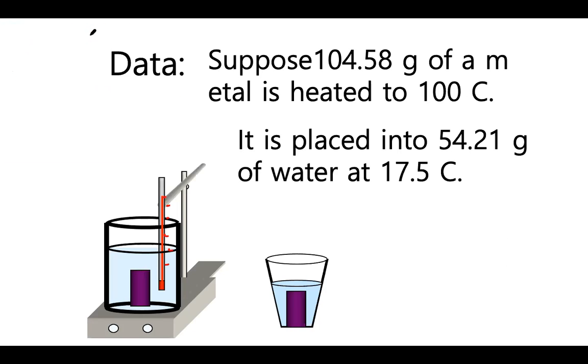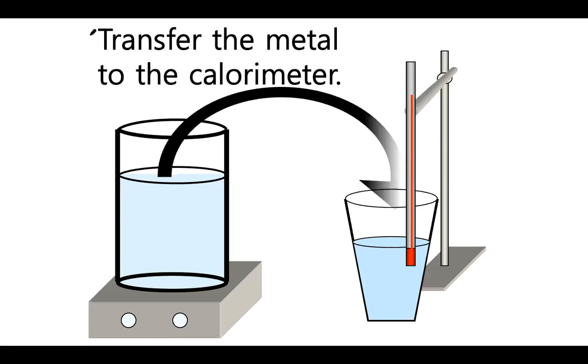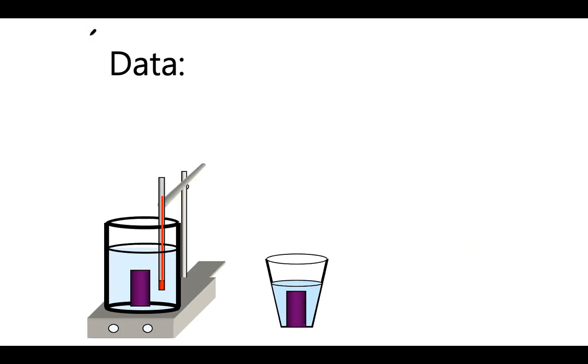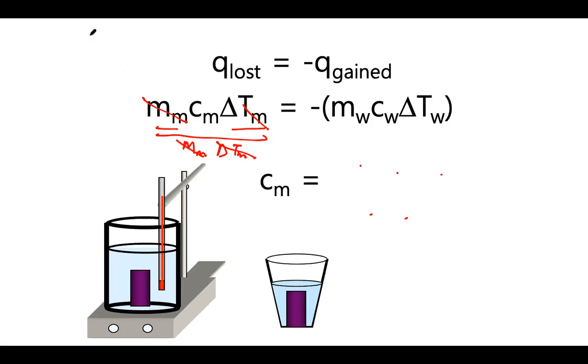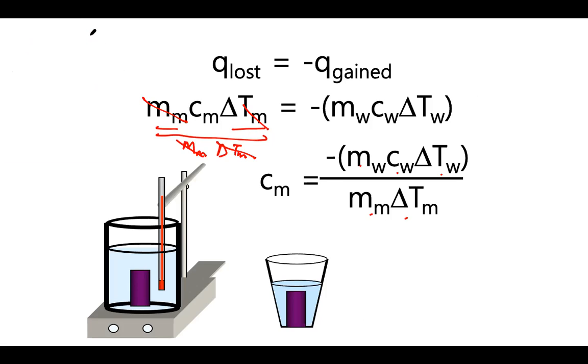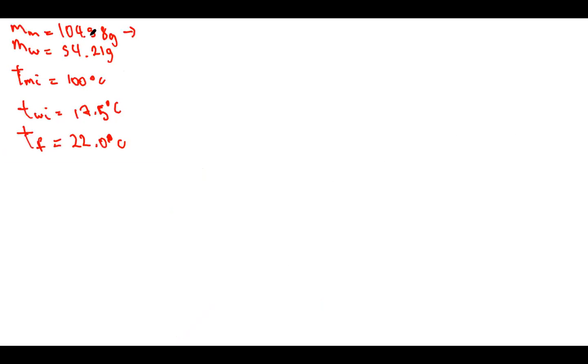Now, let's go to the calculation. We will copy this particular equation and place it on the next slide. So we have Cm equal to minus the mass of the water.